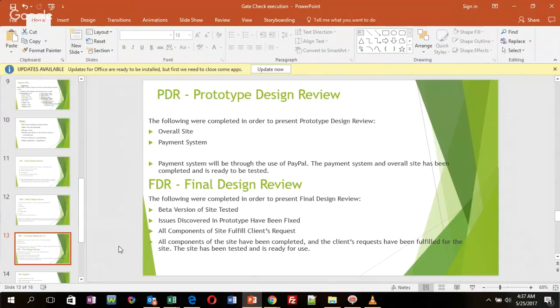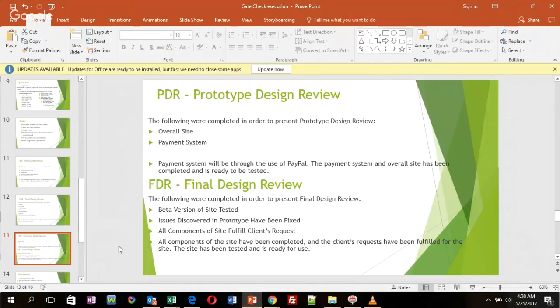We also created a prototype design to test whether it would work. Okay, so after creating the overall site and the payment system, we had to test it to see whether it would work. And after testing, realizing that it would work, we did our final design review.